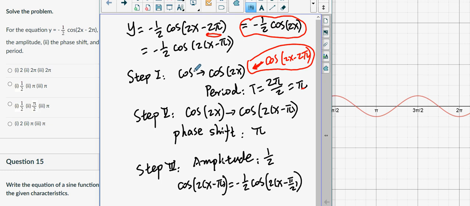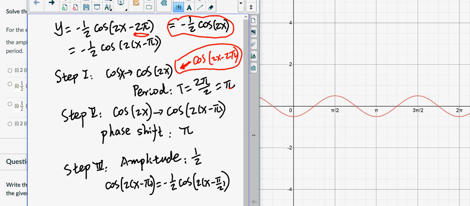Sometimes it doesn't work well, so let me write. Change the color to black. I can write here is x. First, from cosine x to cosine 2x, step 1.